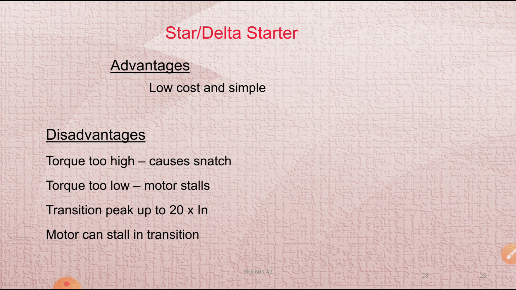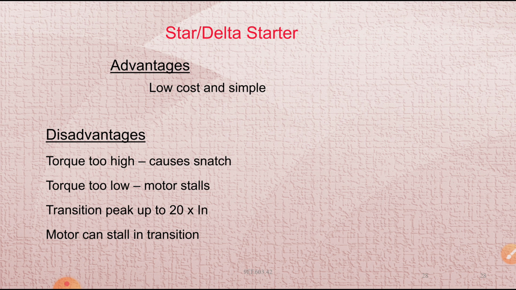It is easy to operate. If you have provided a timer inside, it automatically takes care of when to change from star to delta. If any problem occurs, it automatically cuts off the supply to the motor. At the same time, there is another advantage. In other starters, such as the 3-phase 3-point starter, there is a resistance initially.